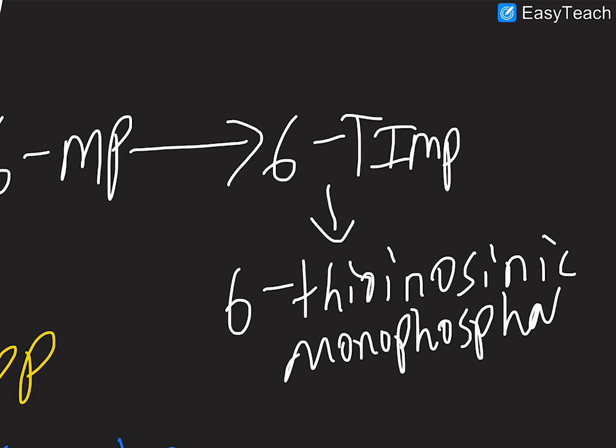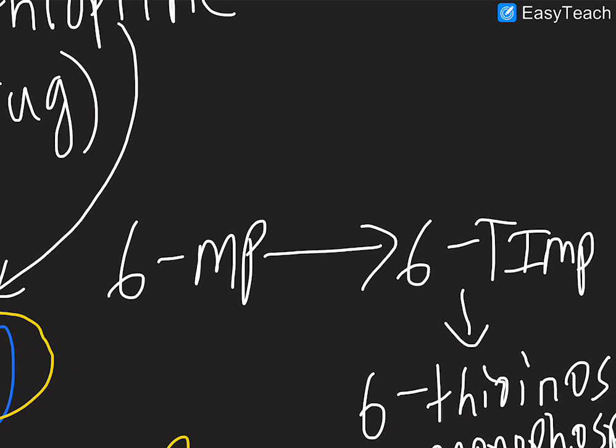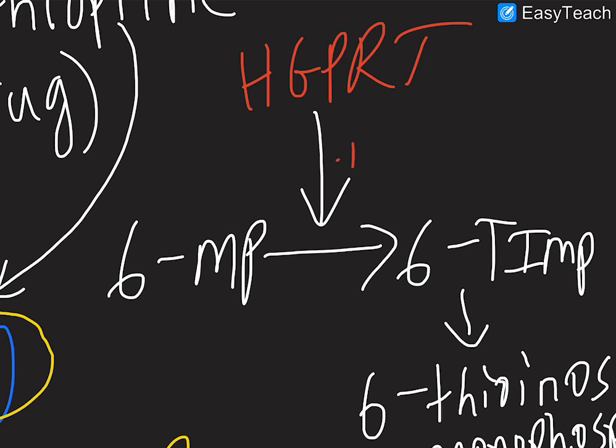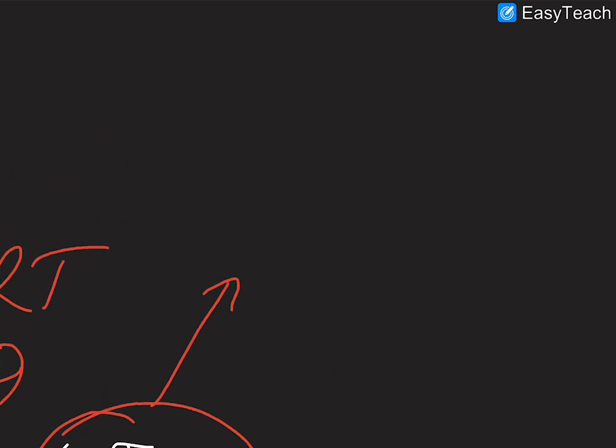All right, and the reason why I'm mentioning this is, let's just write it right here. So what stimulates this reaction? Who helps convert 6-mercaptopurine into 6-thioinosinic monophosphate? We got hypoxanthine guanine phosphoribosyltransferase. Okay? Now what happens is this 6-TIMP will go to our enzyme that we saw on the previous page, which was what?